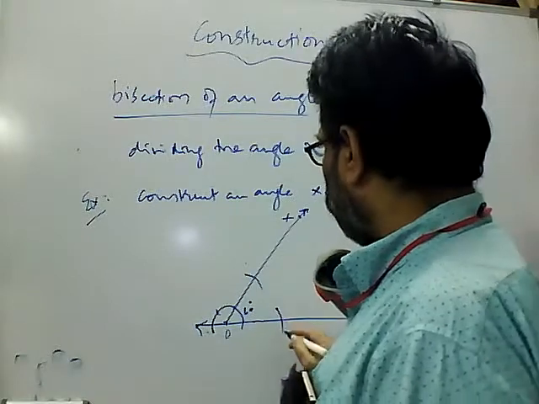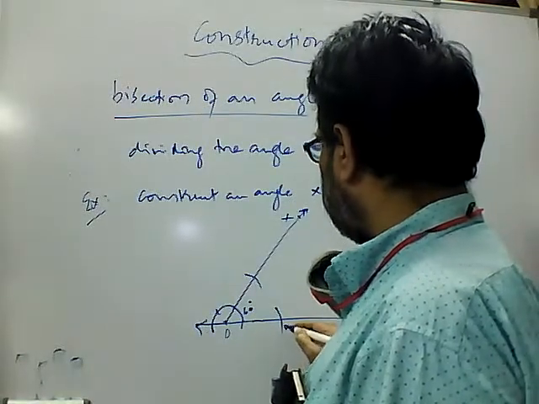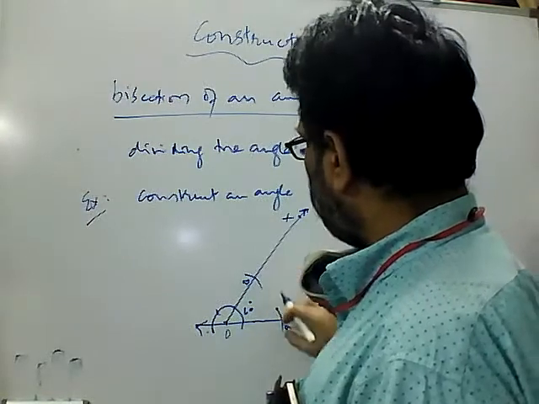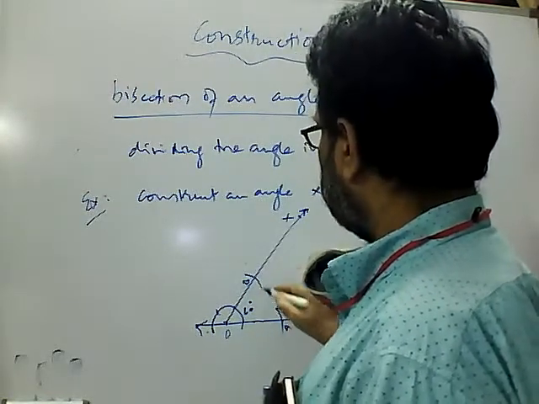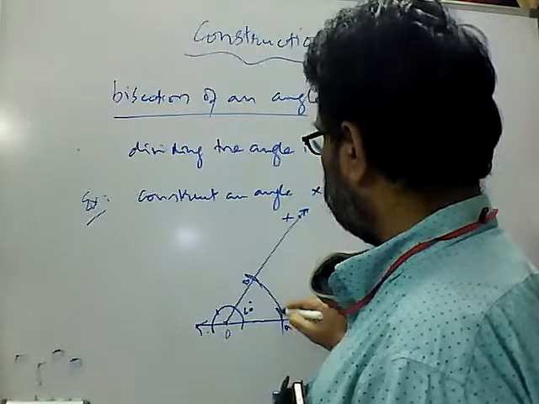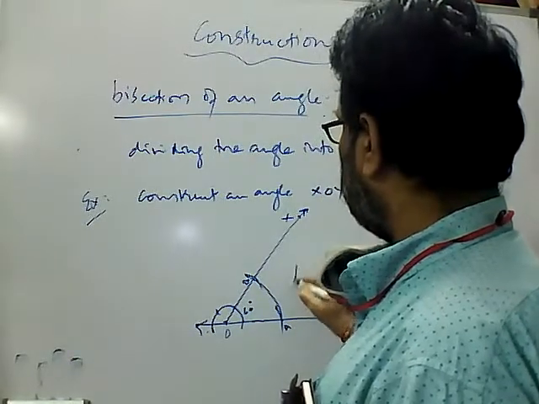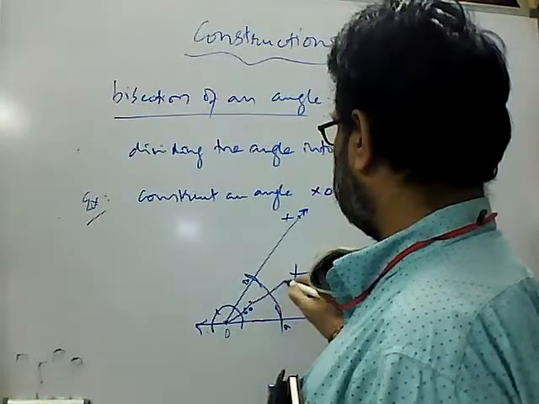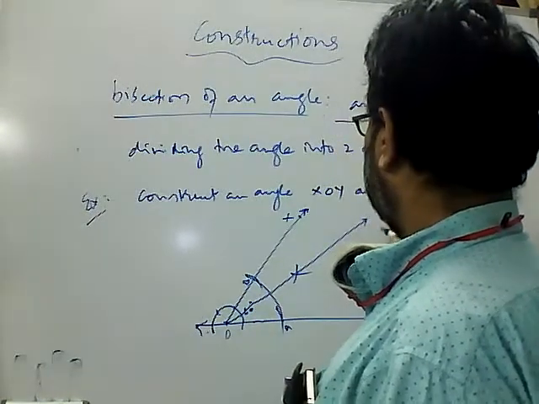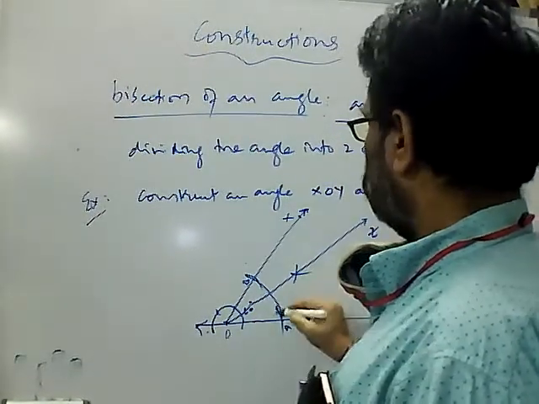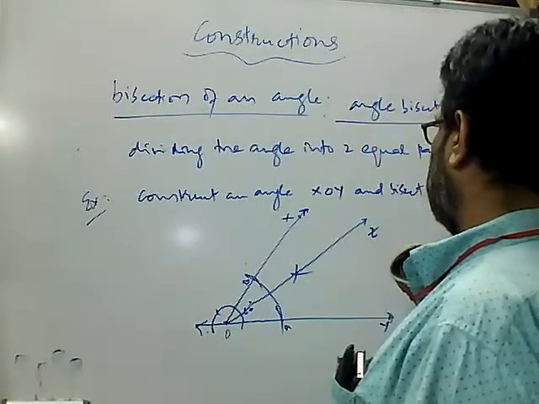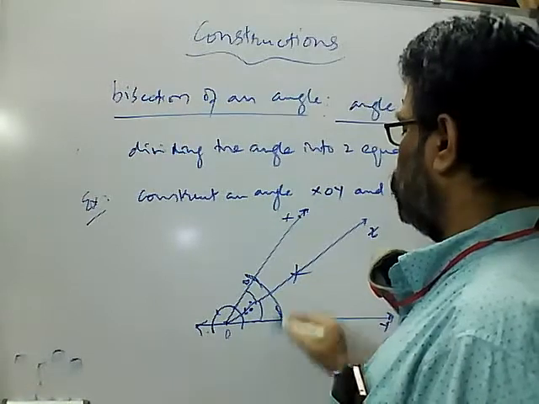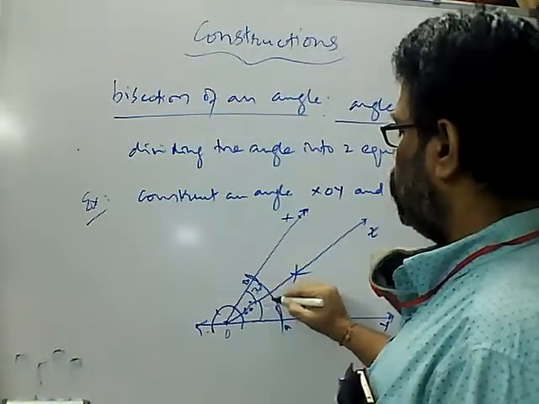Then mark the points as A and B. With A as center, take more than half of AB as radius, cut an arc, and with the same radius cut an arc from B. Join this intersection to O; this is Z. Measure this angle and this angle, both are equal, each half, meaning 30 degrees.